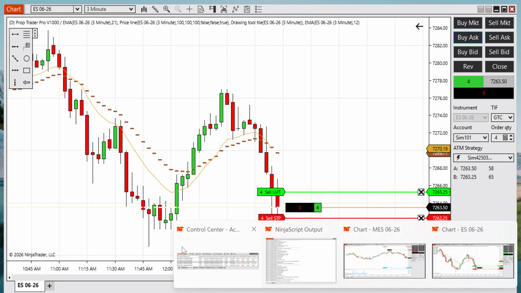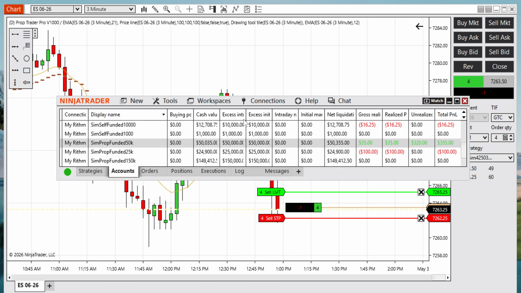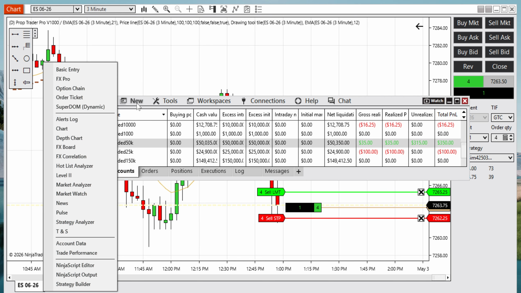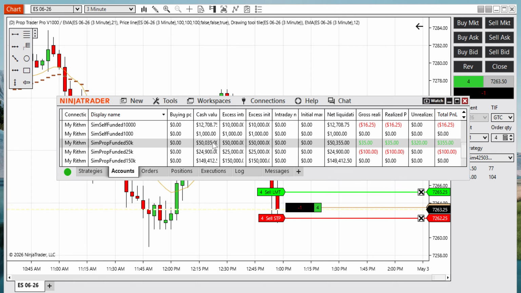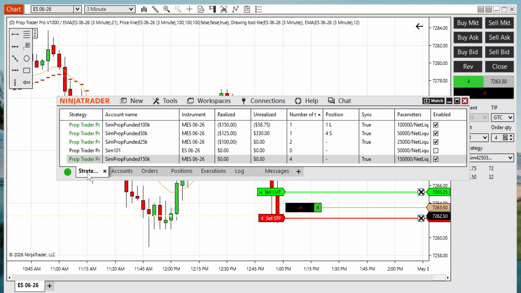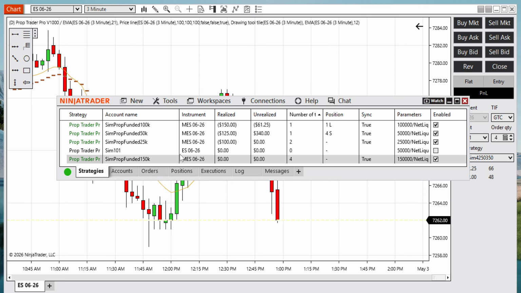And one more thing you want to do, before starting your manual trading, is open the output window, just in case you are loading PropTrader Pro. So you select the PropTrader Pro, and if you come to the strategy tab, you have this enable and disable. Right now my other strategies are running on different accounts.